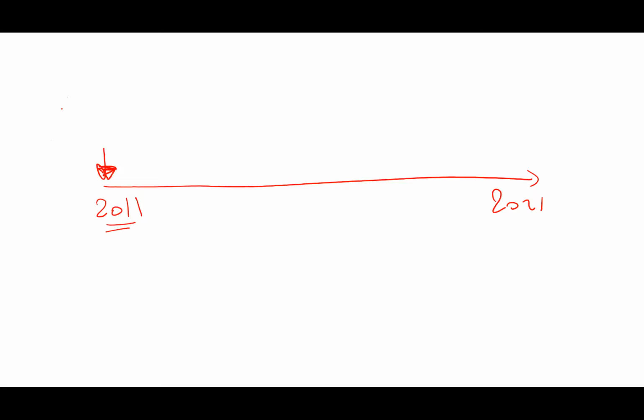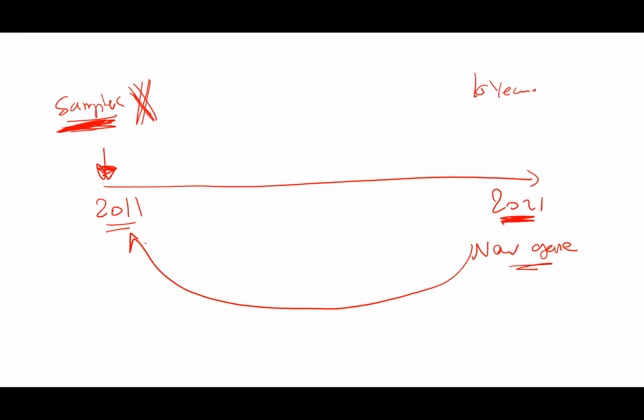You take samples, then you finish your study, then you freeze those samples. So those samples, in 2021, are 10 years old. In 2021, a new gene was discovered. So you go back to 2011 and study the new gene expression over the 2011 samples.